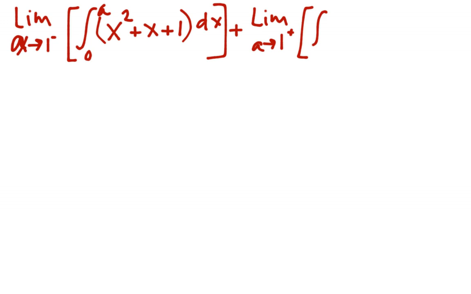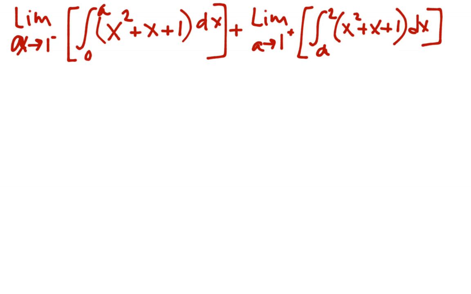Again, I factored and eliminated, from a to 2, and what's remaining is x squared plus x plus 1 dx.